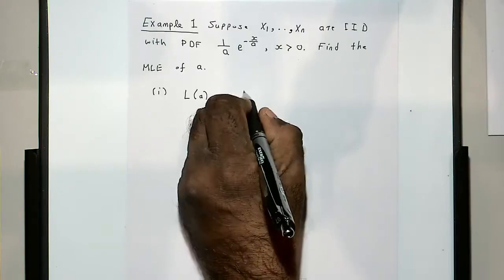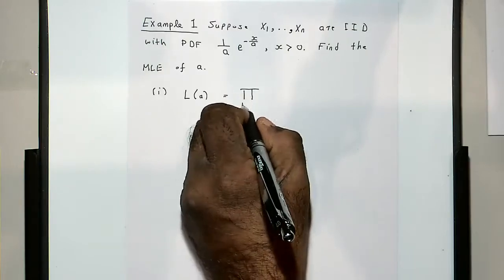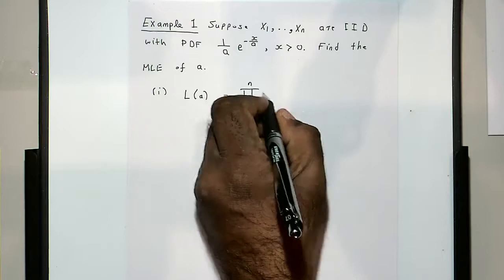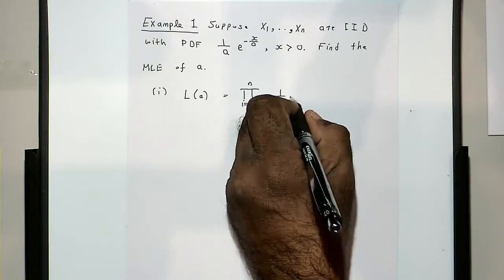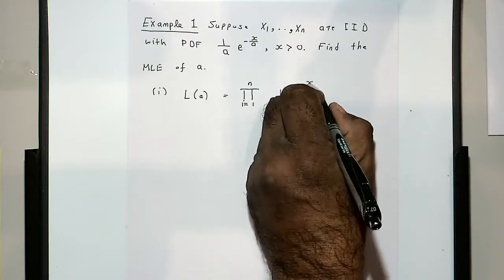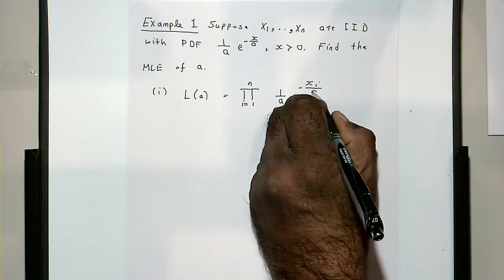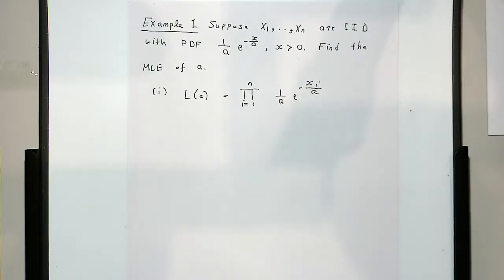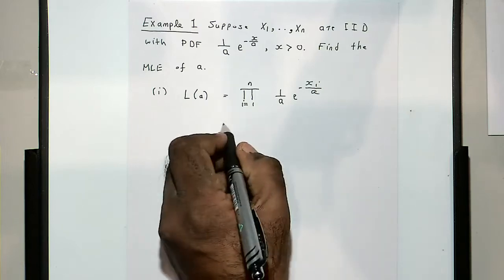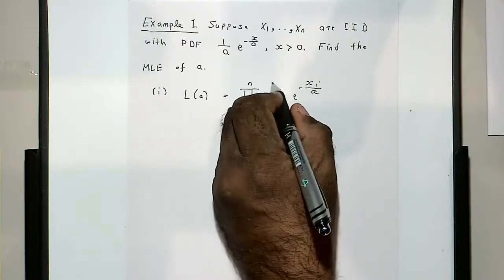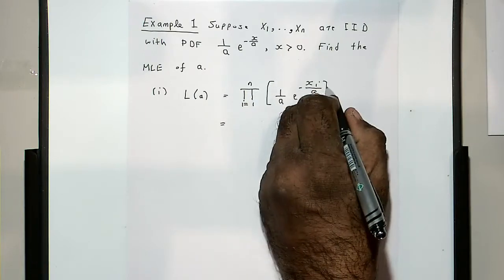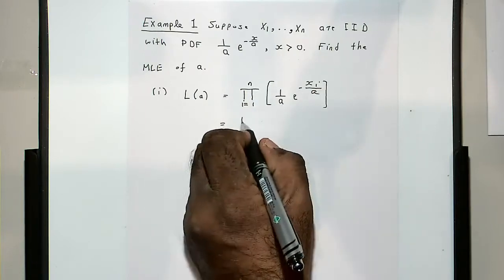So this is going to be the product, i from 1 to n, of 1 over A times e to the minus xi divided by A. So you see I'm using the first step. There are four steps to finding an MLE, right? I'm in step number 1, okay? Now if you simplify this, guys, you should simplify this. This is where your math comes in.